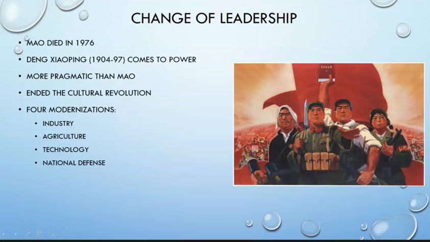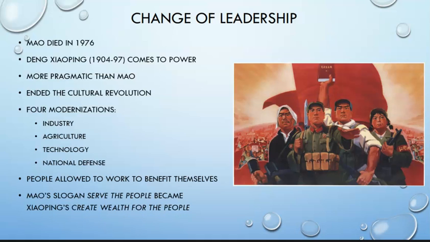One is a soldier, I guess, one is technology, one is agriculture, and so forth. So this was the plan, and in fact, he also changed the idea of what we might call capitalism or free enterprise. He allowed people to work to benefit themselves. Instead of seeing that as an enemy of China, he saw it as improving not only their lives, but overall the lives of all of China.